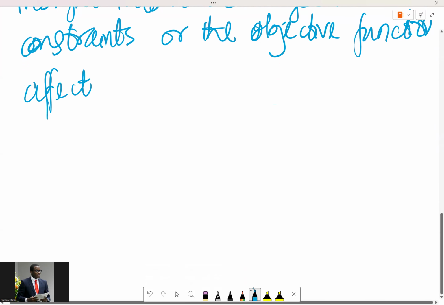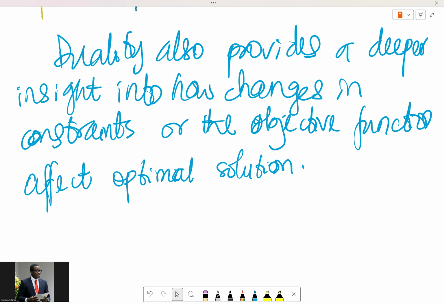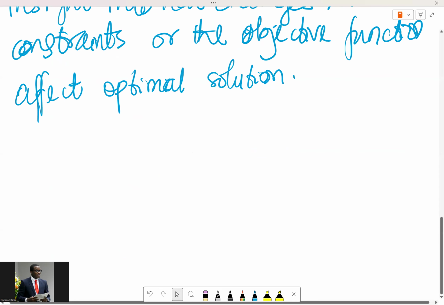In the previous video, we talked about the idea of sensitivity analysis. We saw that in carrying out sensitivity analysis, we look at how changes in the objective function coefficients and in the constraint limits can affect the optimal solution. In the same way, duality can affect the optimal solution, and that's the essence of what we are considering now.